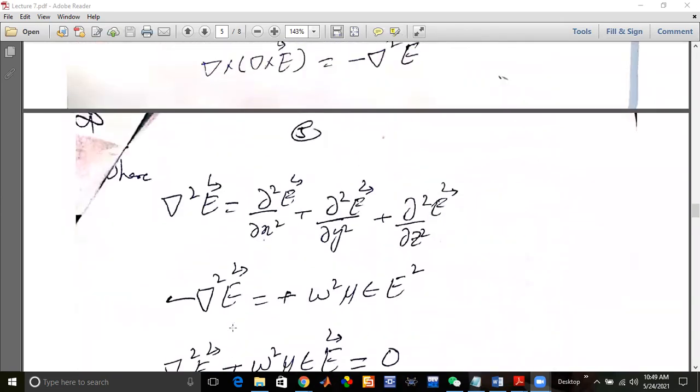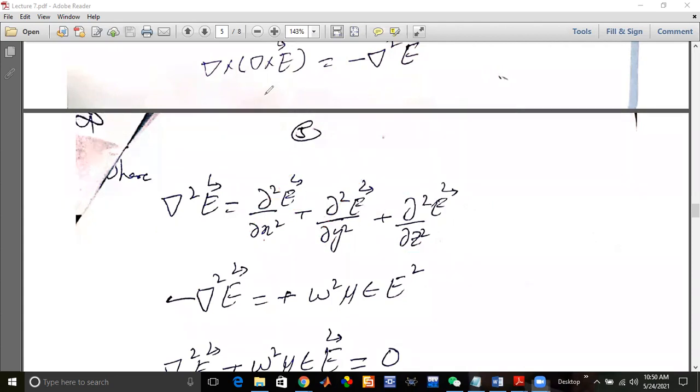So if there is no change in the x direction, this quantity will be 0 because there is no variation, and this shows the variation. And there is no variation along y, so this is also 0. So del square E will be equal to partial square by partial z square of E, and these two quantities are ignored.